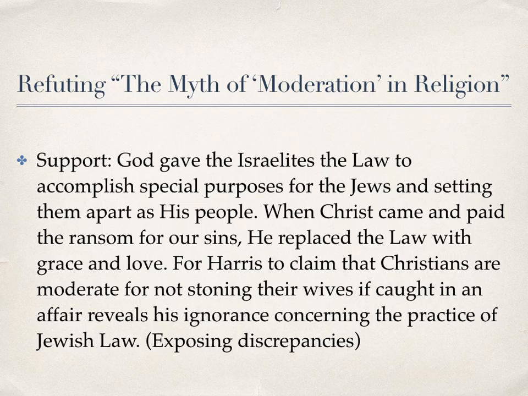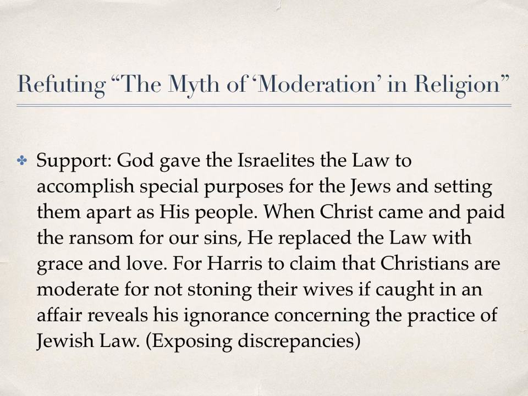So in this one, I'm exposing discrepancies and kind of using proof too, because I say, God gave the Israelites the law to accomplish special purposes for the Jews and setting them apart as his people. When Christ came and paid the ransom for our sins, he replaced the law with grace and love. For Harris to claim that Christians are moderate for not stoning their wives if caught in an affair reveals his ignorance concerning the practice of Jewish law.